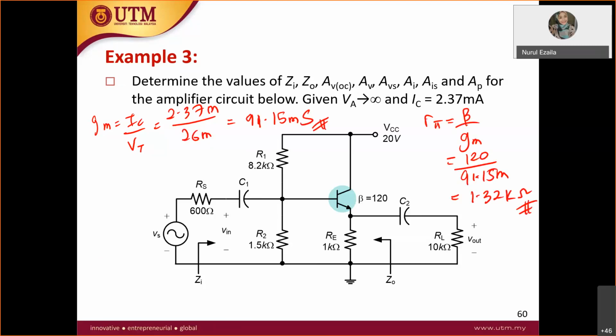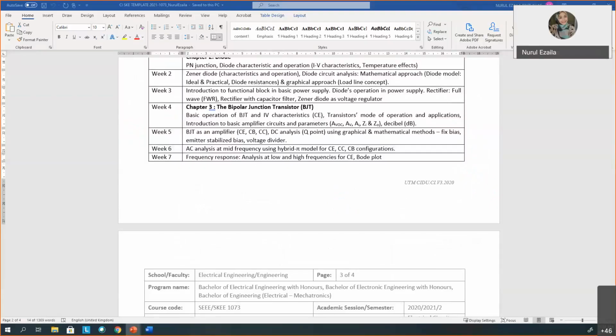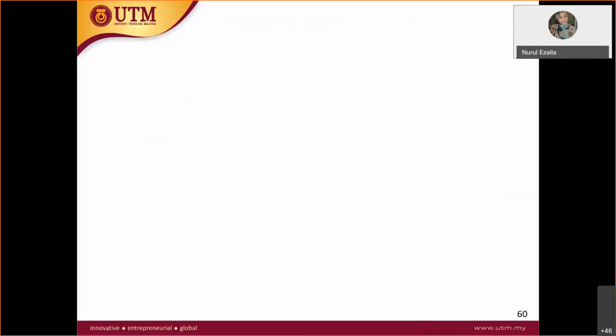Okay, so let's do the AC equivalent circuit. There is a little bit of difference actually. In the previous derivation, we don't have this resistor, but we can go from node to node.